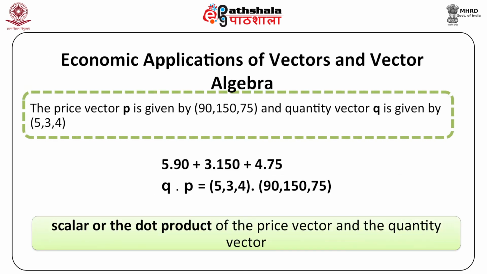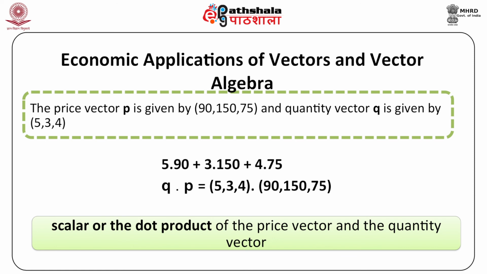A fruit vendor sells 5 kgs of apples, 3 kgs of kiwis, and 4 kgs of pears on a particular day. Suppose the prices per kg at which he sells his fruit are 90 rupees, 150 rupees, and 75 rupees for apples, kiwis, and pears respectively. Then the price vector P is given by (90, 150, 75), and the quantity vector Q is given by (5, 3, 4).